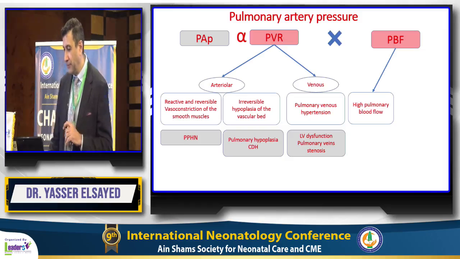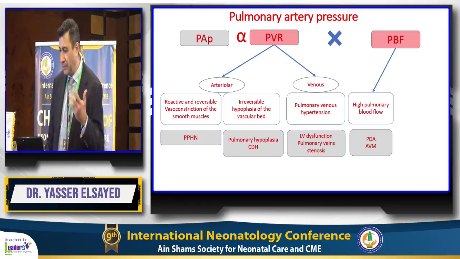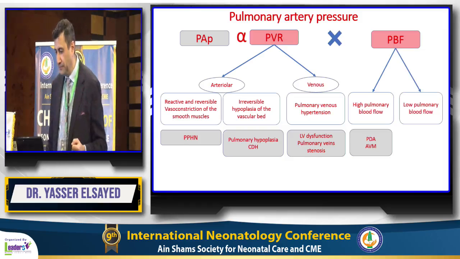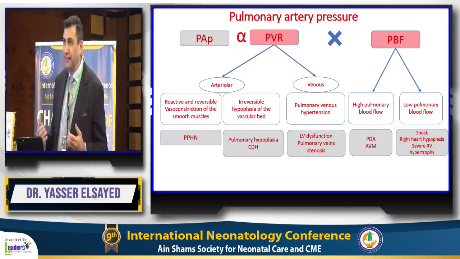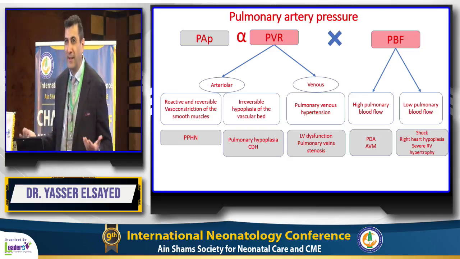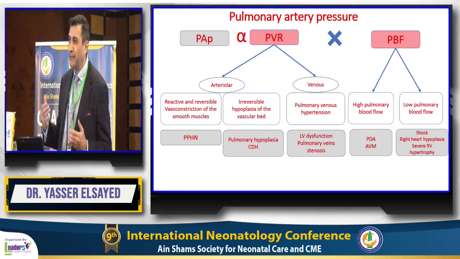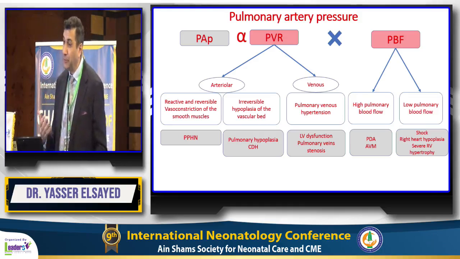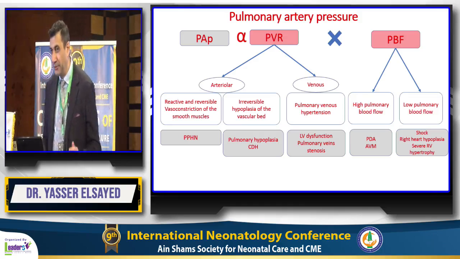And then pulmonary blood flow. You may have high pulmonary blood flow in case of PDA or AV malformation, so high circulation through the right ventricle, or low pulmonary blood flow. Typically, we are not using the term pulmonary hypotension in our practice because the pulmonary artery pressure is physiologically low. That's why we have more cases of pulmonary hypertension, but we may have low pulmonary artery pressure.